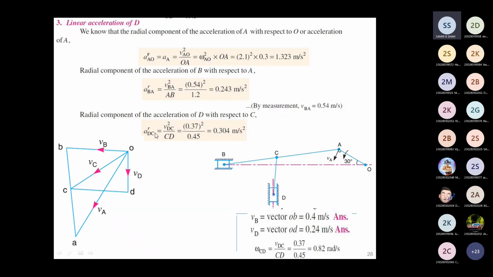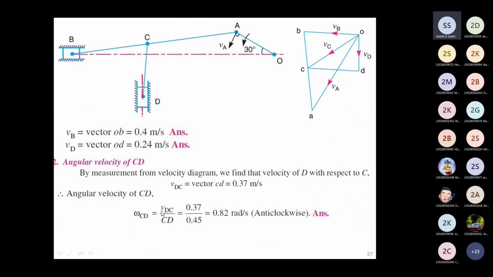Same way, the radial part of CD is equal to V square CD by CD. We know that the velocity of CD is 0.37 meter per second. Hope you solved this velocity diagram.